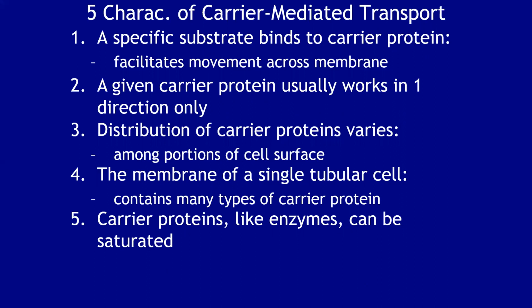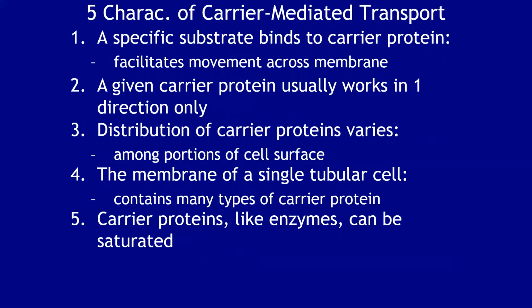So remembering this carrier-mediated transport, it's specific. You have a specific substance that binds to a carrier protein, typically only works in one direction. Where you find the carrier proteins is going to differ on the cell surface. They're not going to be evenly distributed.